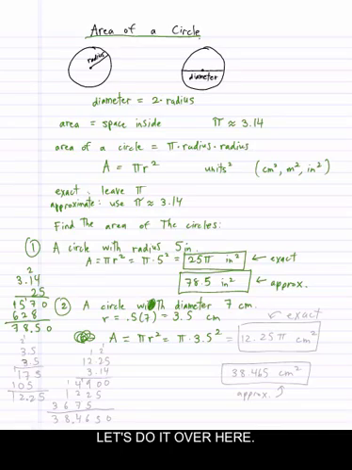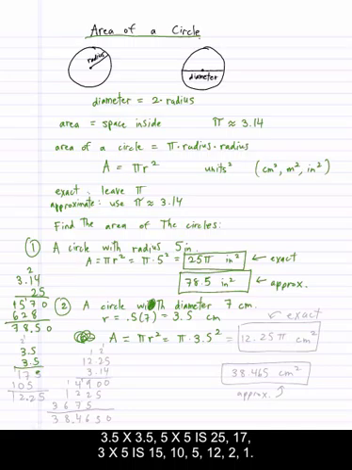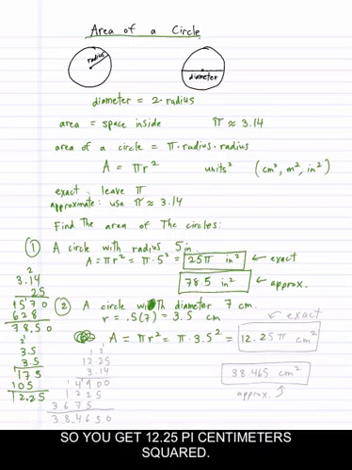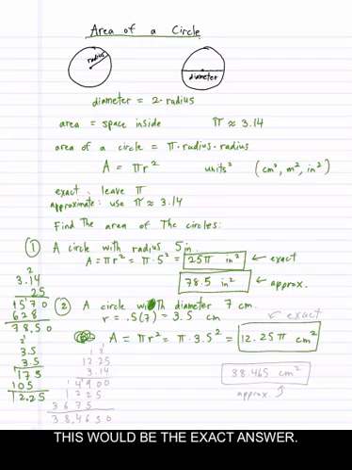Let's do it over here. 3.5 times 3.5. 5 times 5 is 25. 3 times 5 is 15. 2 decimal places, so 12.25. So you get 12.25 pi centimeters squared. This would be the exact answer.